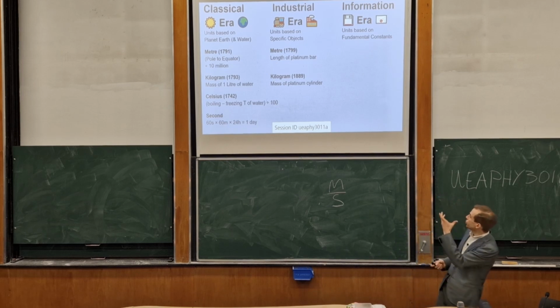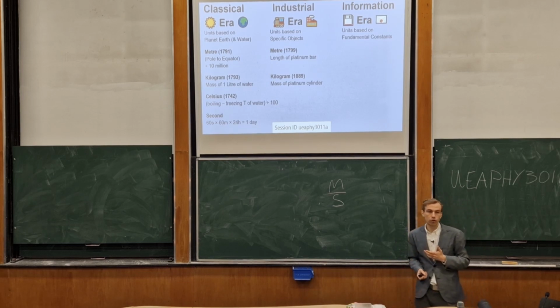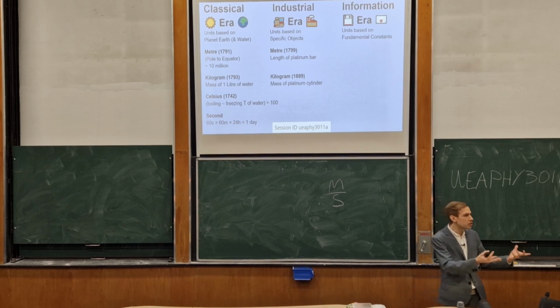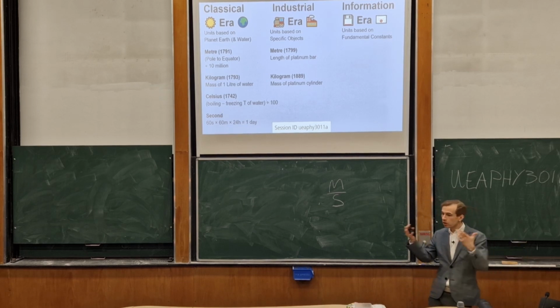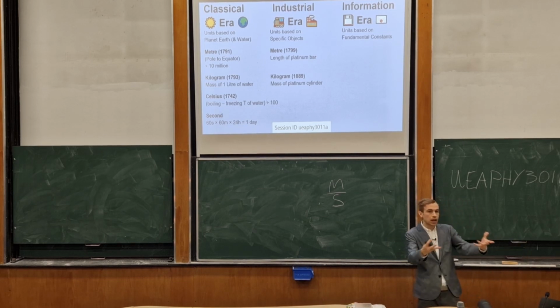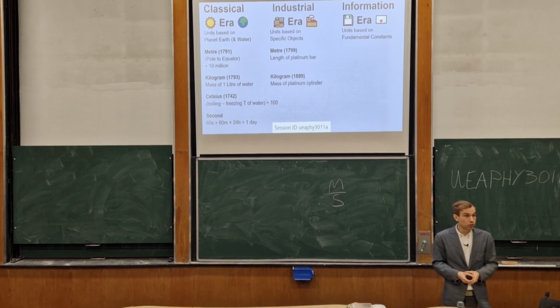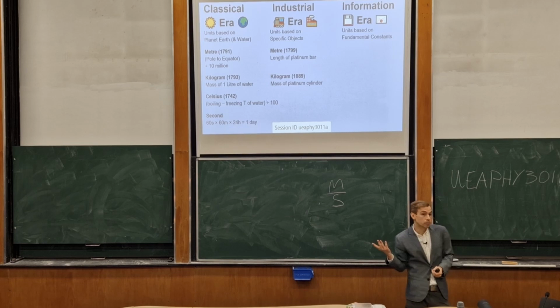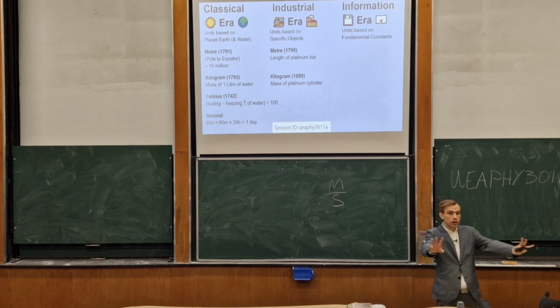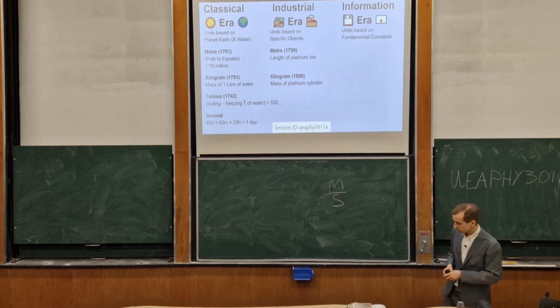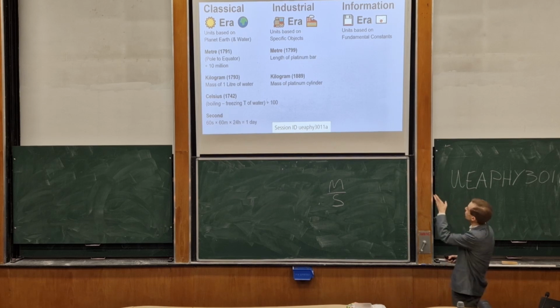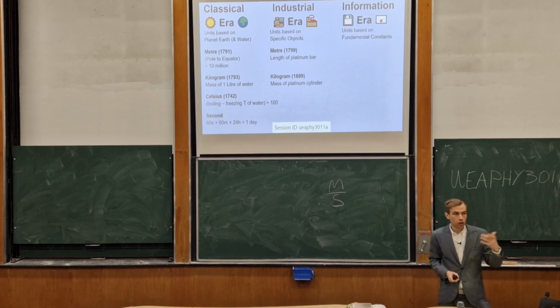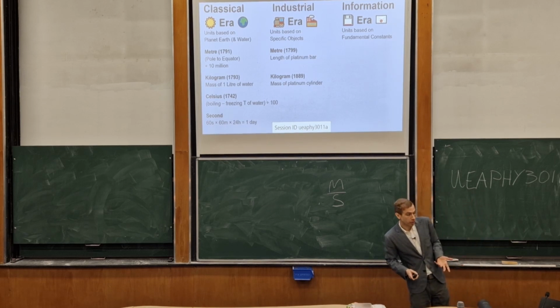And that's really the issue with this industrial era of units, that they're all based on specific objects. So if I said, look, I'd really like to do a physics lab for this module, can we borrow the standard meter for a bit and take some measures? You know, they're going to say no, thank you. And that's part of what motivated defining units in what I call the information era.